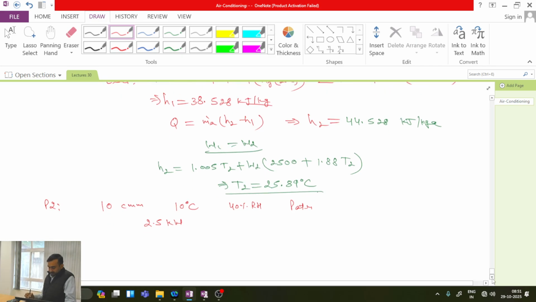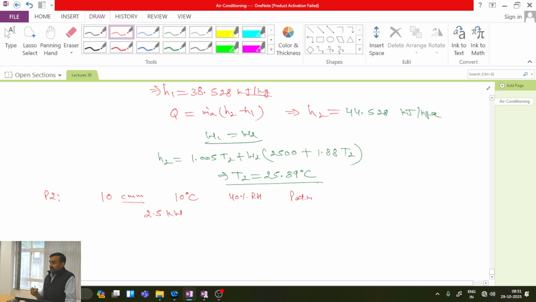First part is, if flow rate is given in cmm and if we assume that our density is 1.2 kg per meter cube and humid specific heat is 1.00216, then we have already derived one formula for sensible heating.